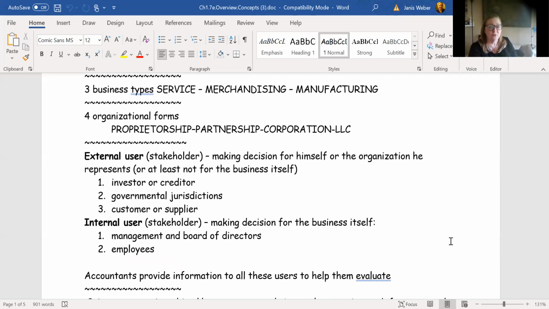Then there are the manufacturers, which are a little more complex in that they make the product. They take raw materials and turn them into a product. Most of the study that we'll do of manufacturers is going to be in the next accounting course, or if you did the courses in reverse, it would be in the managerial accounting course.